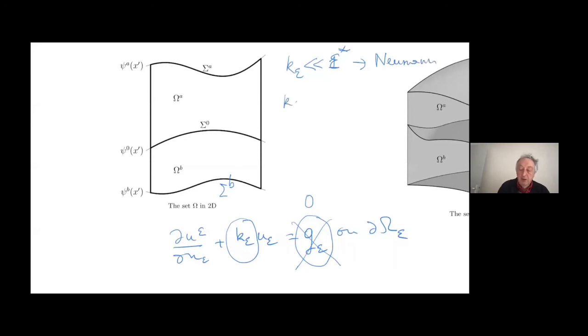If k epsilon is much bigger than epsilon to some power, you go to Dirichlet. And in between, you have a critical case. But for that, I suggest everybody ask the question to Patrizia Donato, who is the master in this story.